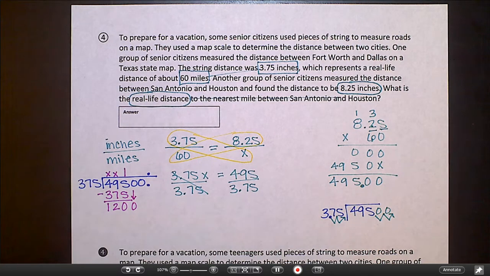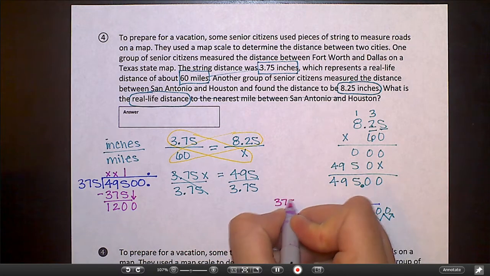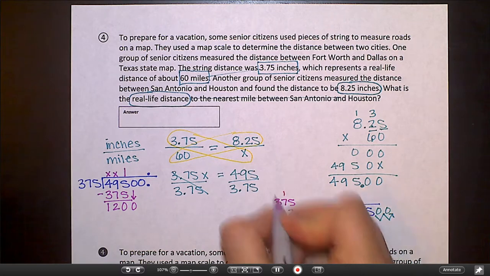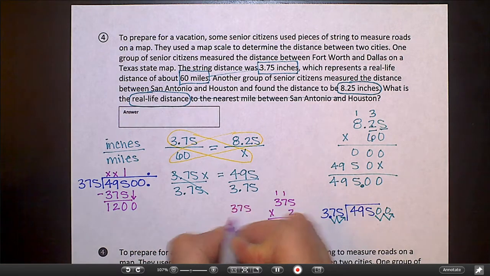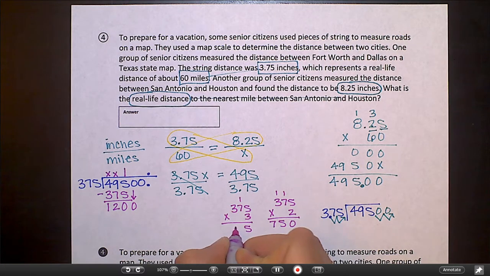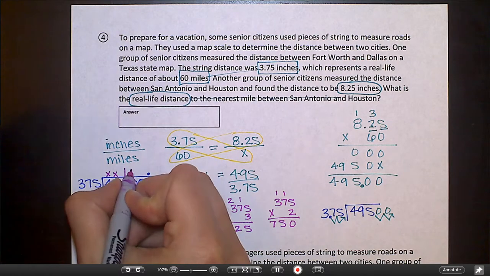375 into 1200. Well, this is where I start practicing. So 375 times 2, that's 10, 15, and 7. Okay, let's try 3. 375 times 3, that's 15, 22, and that's 9, 10, 11. And that's pretty close to 1200. I don't think it's going to go a fourth time. So let's put 3 right here.